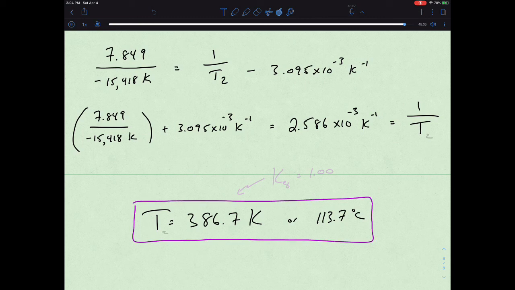So that is how we can actually relate temperature versus our equilibrium constant. I chose a harder version, which is solving for temperature. As an example here, realize that maybe you're solving for an equilibrium constant K. So make sure you can do both of those algebraically, as far as the inverse that I've shown here in getting to our T2 of 386.7.